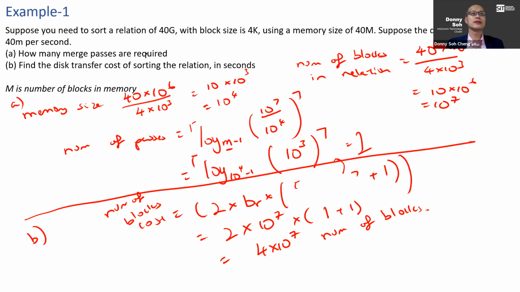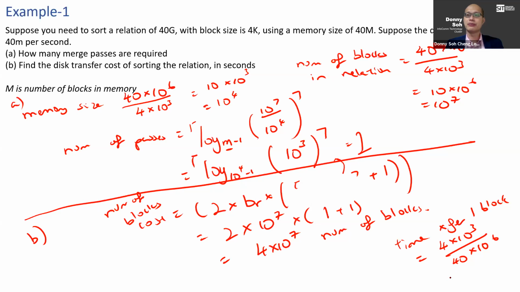So the block size is 4K, and we know that the disk transfer rate is 40 million per second. So the time to transfer one block will be equal to 4 times 10 to the power of 3 divided by 40 times 10 to the power of 6.